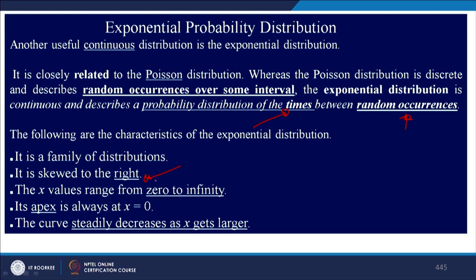The x values range from 0 to infinity, and the apex or peak value of the curve is always at x equal to 0. The curve steadily decreases as x gets larger. We will see all these points in the next slide.